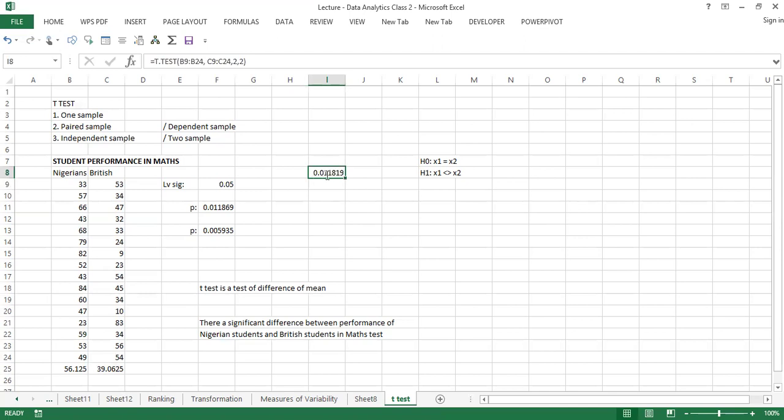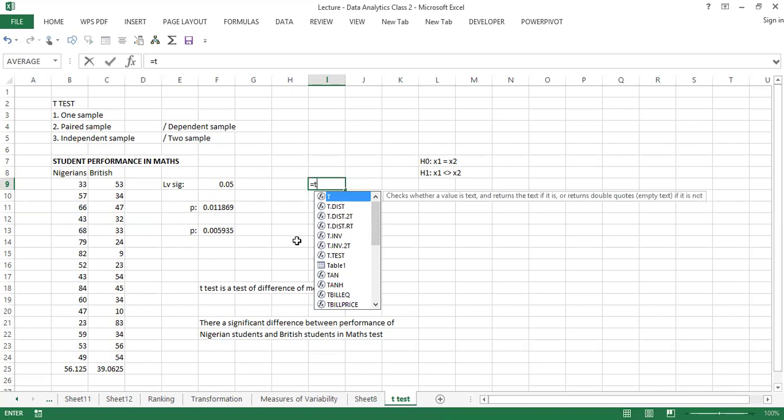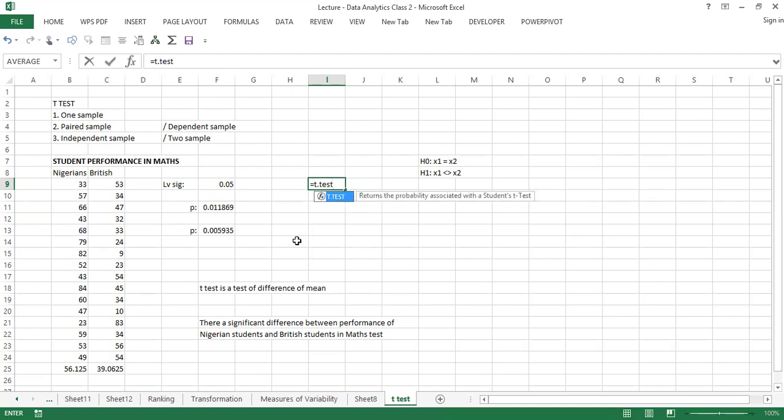So we said to compute t-test, let's just take that again. To compute t-test, simply say equals t.test, use the t.test function. It's asking for array 1, that's the first data set. You give that, comma. Now it's asking for array 2, that's the second, which is for the British students.